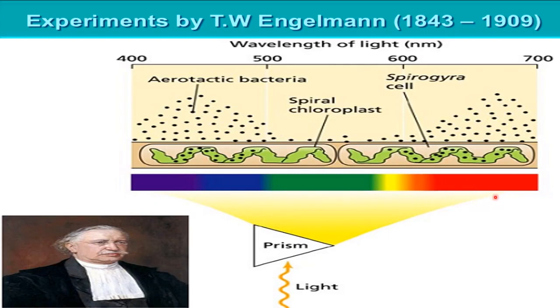Later on it was proved by many other experiments also. It was the first experiment showing that the blue and red regions of light are responsible for the increased rate of photosynthesis, because due to that increased rate, more oxygen is released and bacteria accumulate in these two regions.